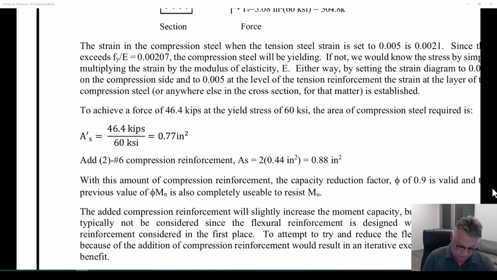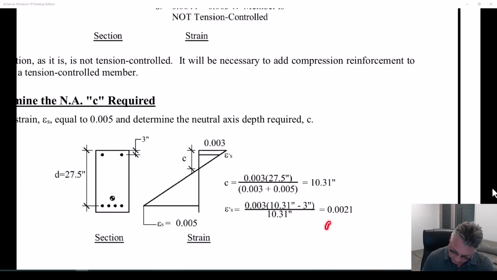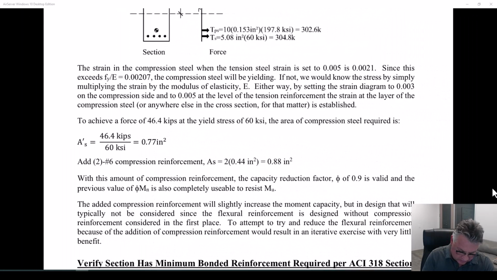Now here's the question to you. If it turns out that my previous analysis came up with 0.0018, something less than yield, it wouldn't really change much. It's just that instead of using 60 ksi, I would take that 0.0018 and multiply it by 29,000, the modulus of elasticity.